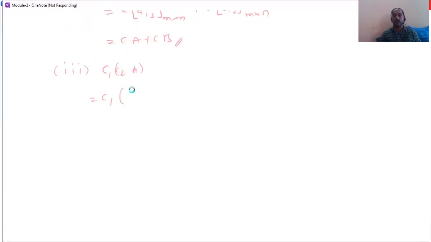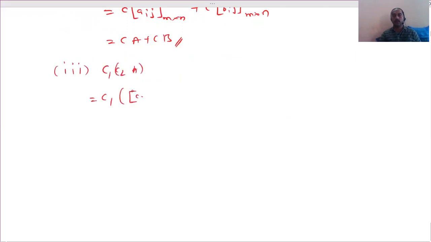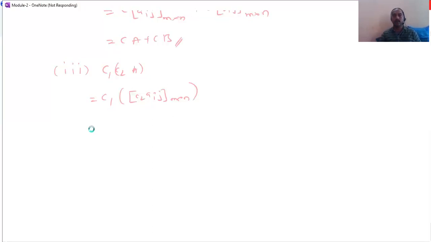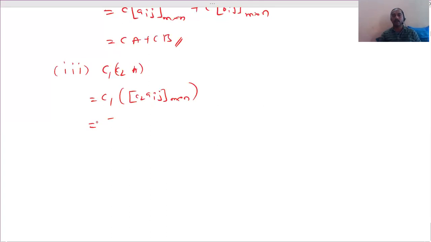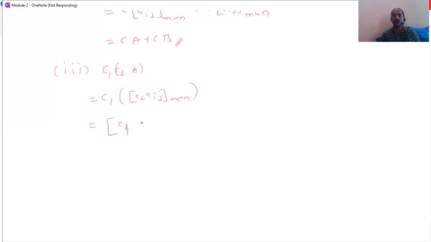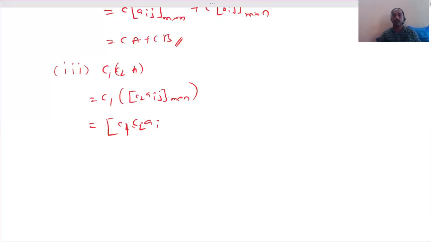I'm writing directly, C2 a_ij. Now, this is a matrix and this is a constant; by the second axiom of the theorem, scalar multiplication, send the scalar inside. C1, C2 a_ij, M by N.